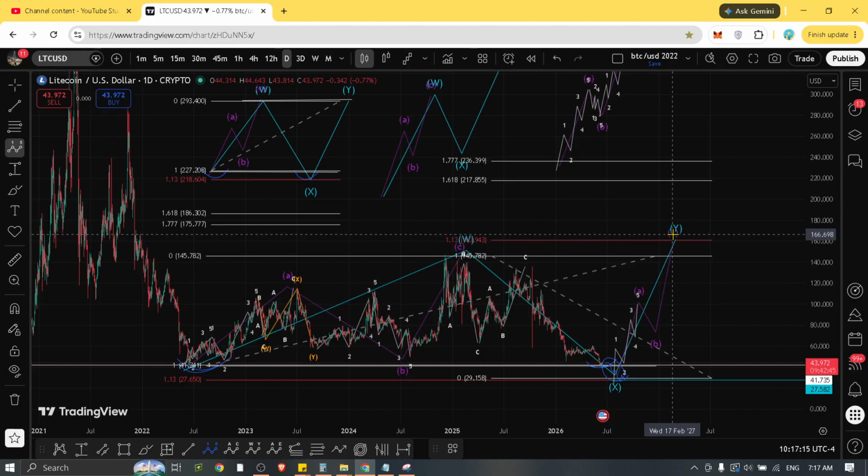Cool. So once again, this is called a triple WXY formation. I don't see them very often. It's nice to trade it. Actually, it's not that nice because it's freaking confusing, as you can see. But just psychological wise, rhythm wise, fractal wise, it's a good way to get prices for a very low price.